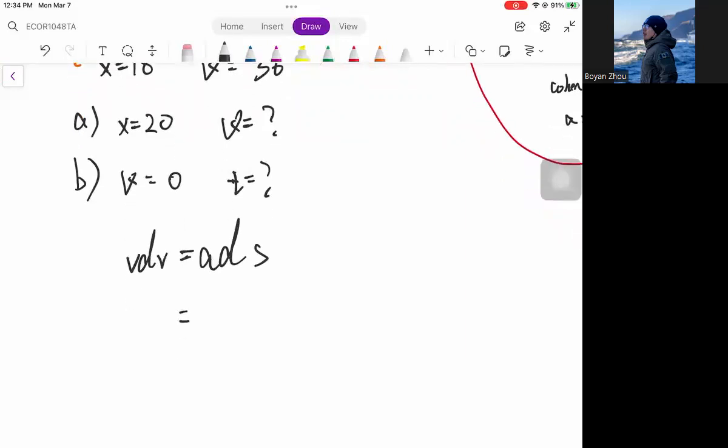On the right hand side, we partially know what A is. A is equal to negative K times the square root of velocity V, ds. And on the left hand side, it's not gonna change.